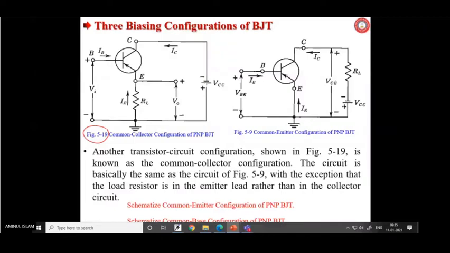Or it was not told to you. There must be some reason why it is called common collector, why it is called common base, why it is called common emitter. Not known. Okay.